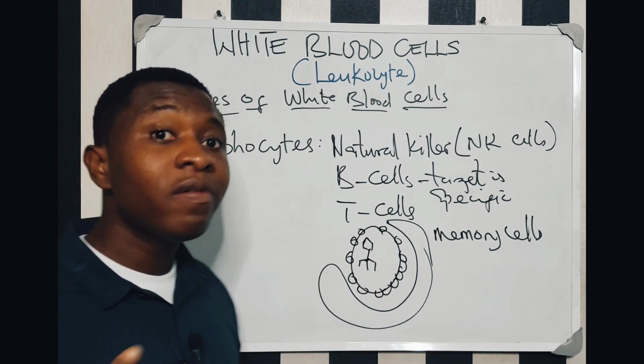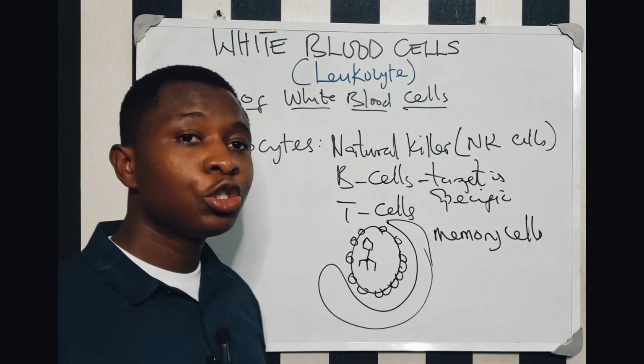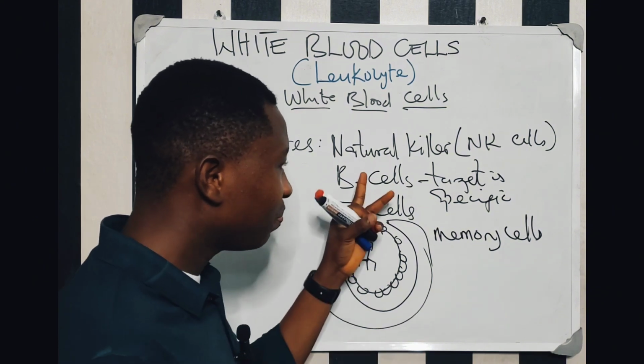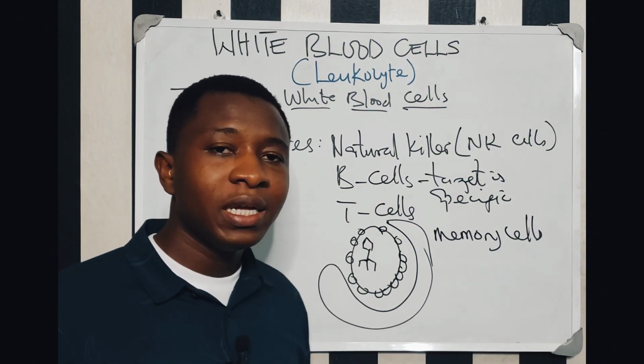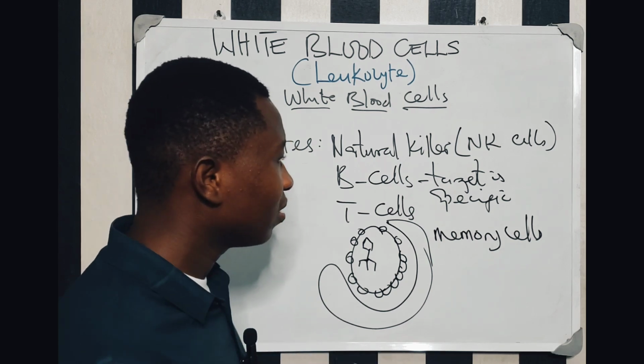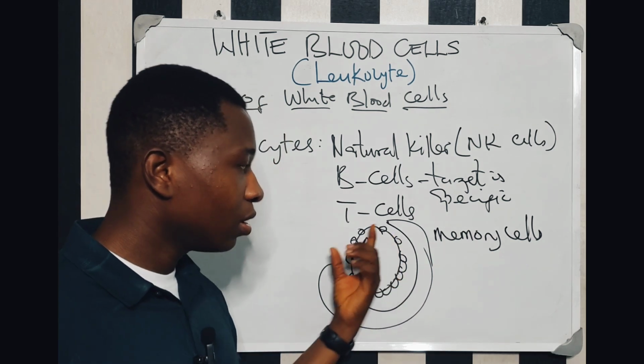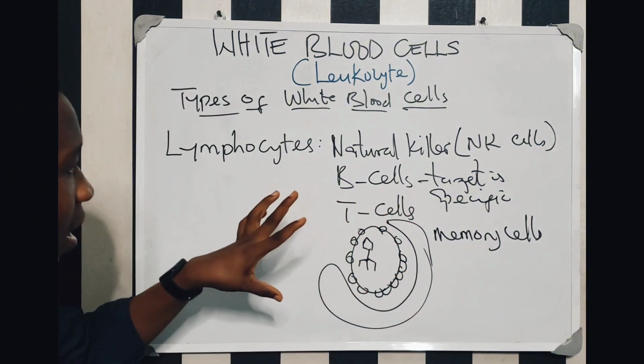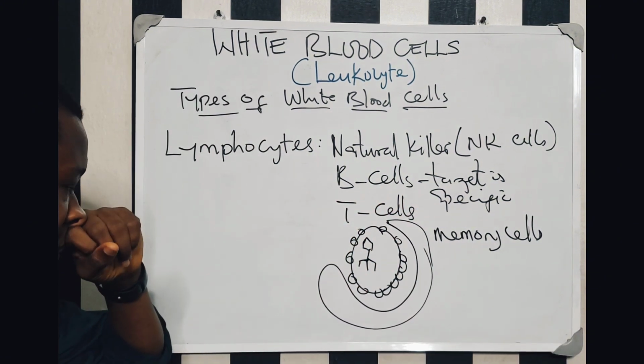So whenever the antigen shows up again, it doesn't have any effect on you because the B and T cells have already mastered the act of attacking the antigens. So that is that about the lymphocytes.